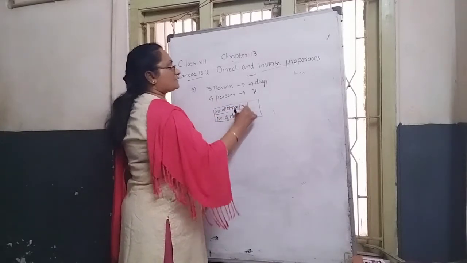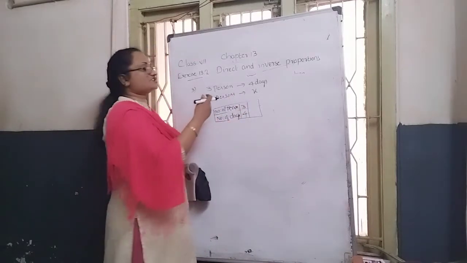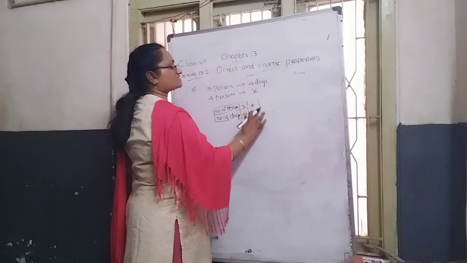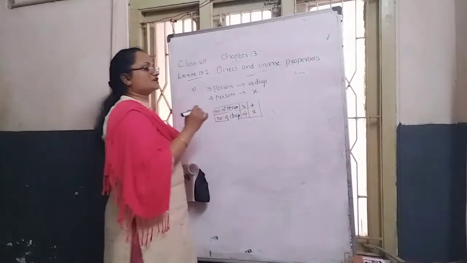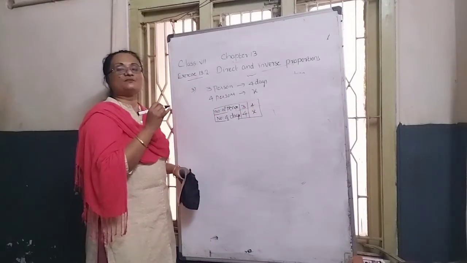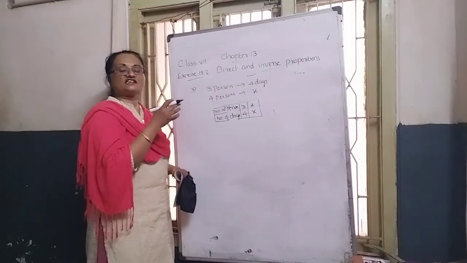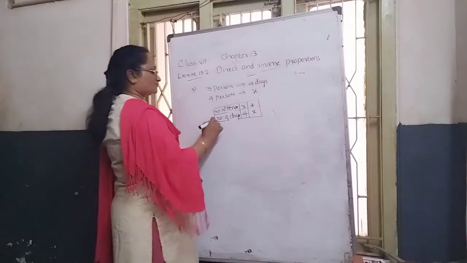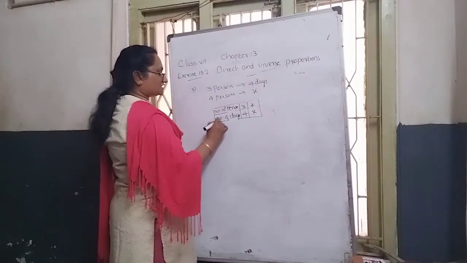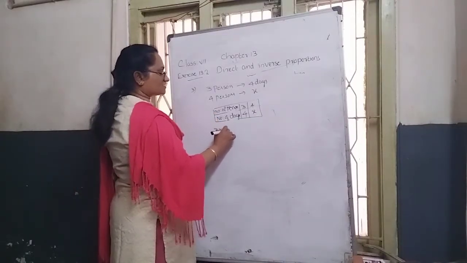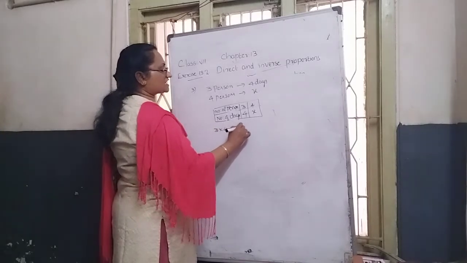4 days. Suppose the number of persons increases and becomes 4 persons, how many days do they take for completing the same work? We don't know, so at that unknown place consider the value as x. So how to find out? 3 persons take 4 days of work, 4 persons take how many days?